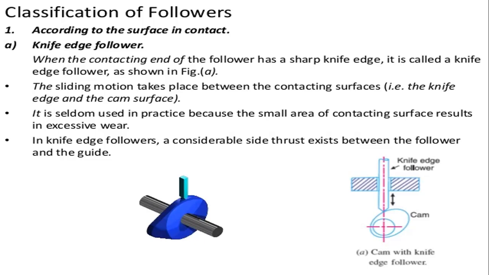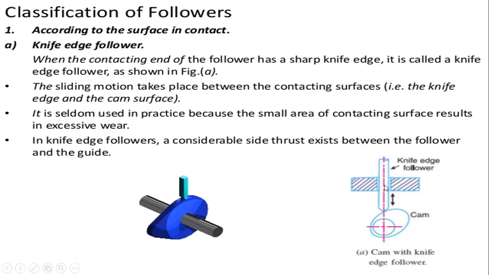In these knife edge followers, a considerable side thrust exists between the follower and the guide. These two are the guideways, and this is the follower.